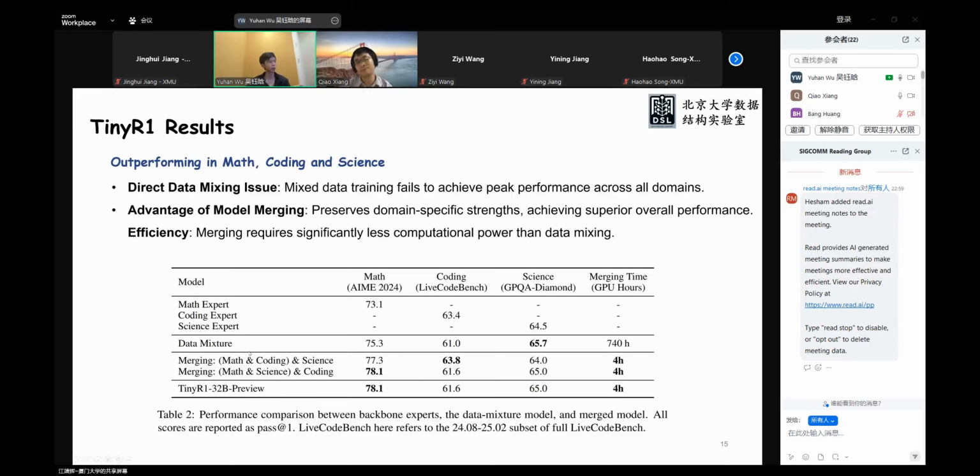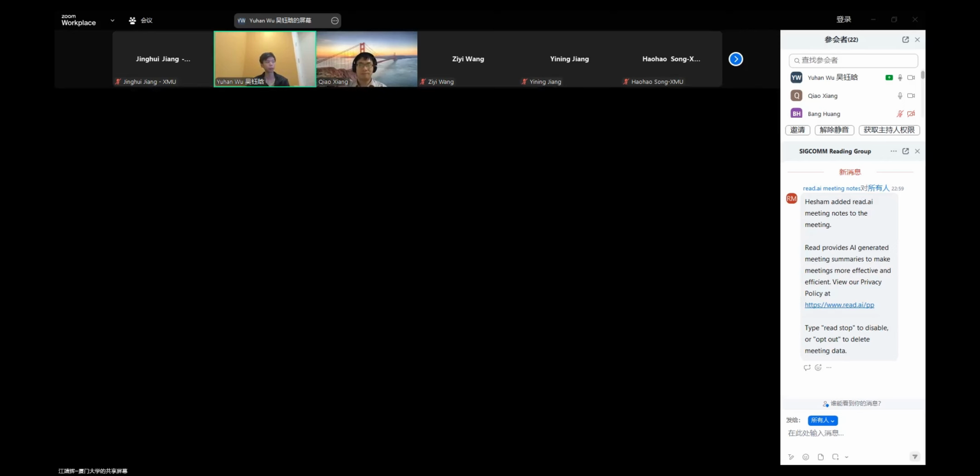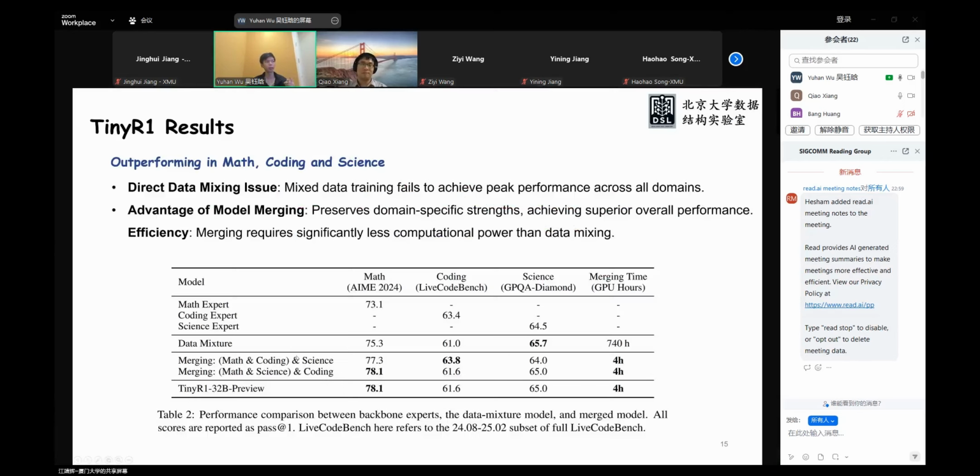Here we first merge math and coding models in the first step, and then merge the result with the science model. Or we can merge math and science models first, and then merge with the coding model. But what will happen if we merge 10 models? I don't know. I think that's the first reason.